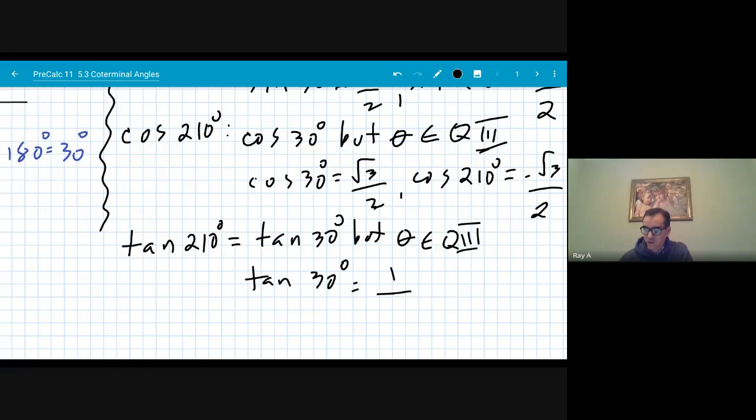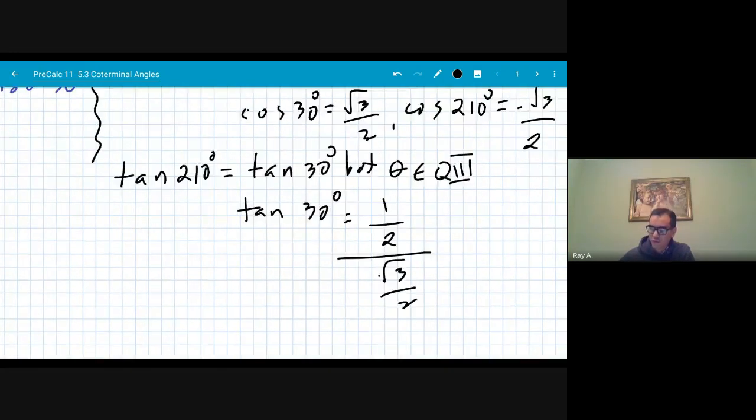What is our sine? 1/2 over root 3 over 2. And you will see that the 2's can cancel out, leaving you with just 1 over root 3. Or if you rationalize the denominator, it would be root 3 over 3.